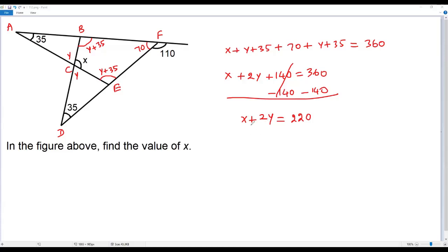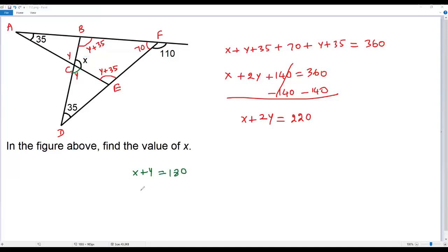Our aim is to find the value of x, so we have to find y in terms of x. Let me consider a particular part over here. This is a straight angle, because it's an angle measure we have on the straight line BD, and a straight angle always measures 180 degrees. So x and y together form a straight angle, so x + y must equal 180.